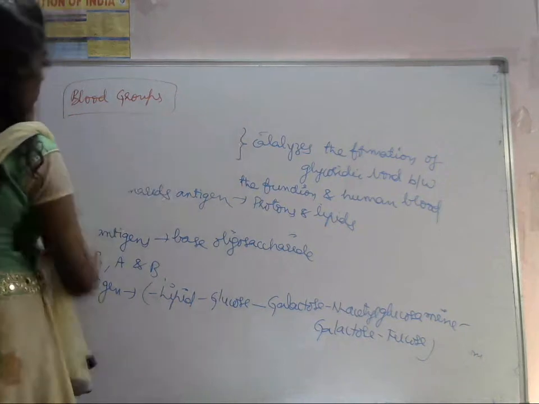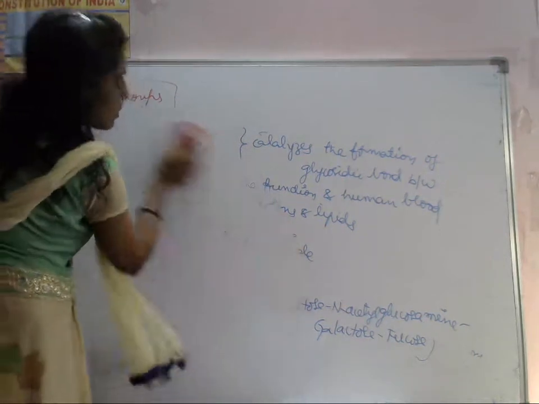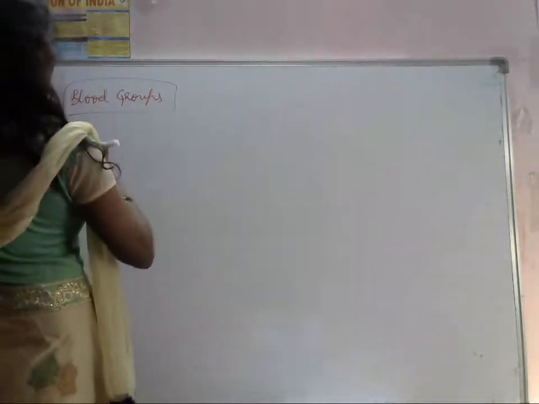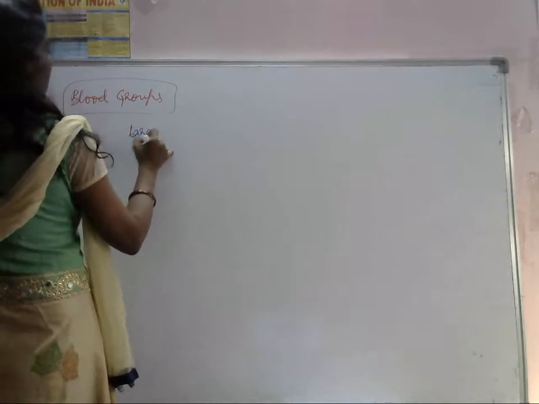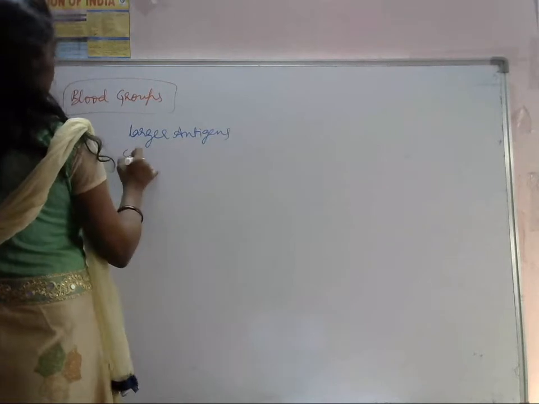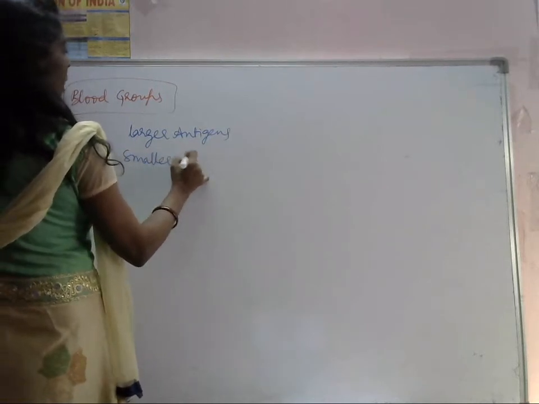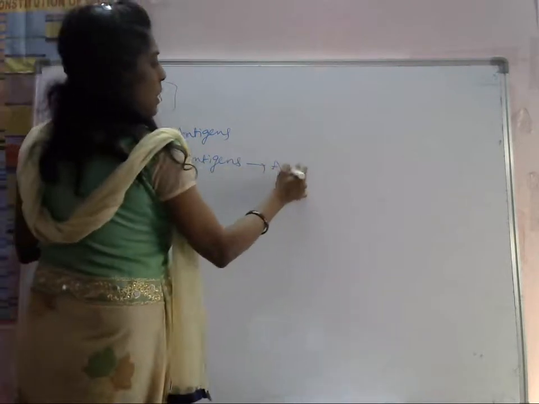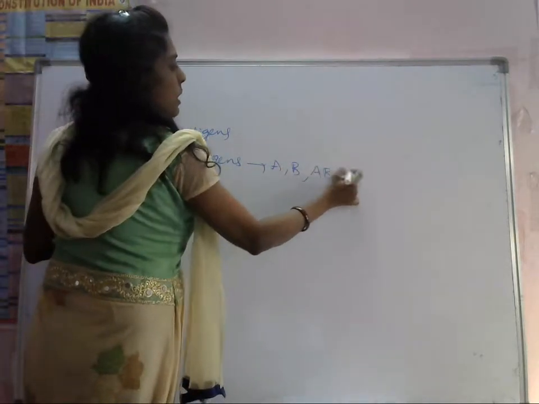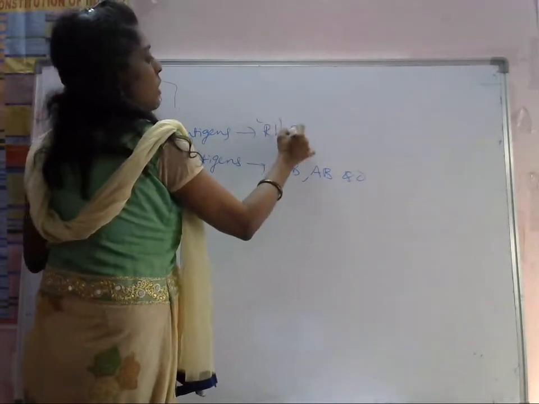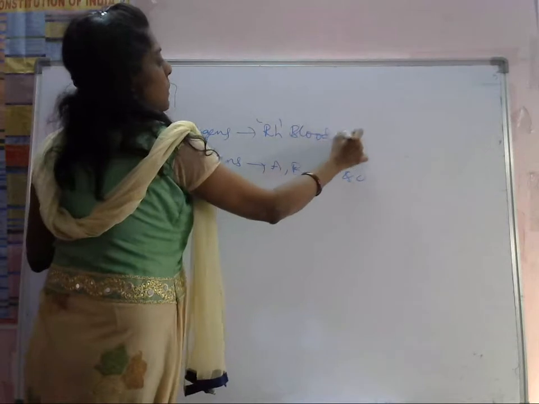Our blood groups are divided into 4 types. There are larger antigens and smaller antigens. The smaller antigens are divided into A, B and O. The larger antigens are the Rh blood groups.